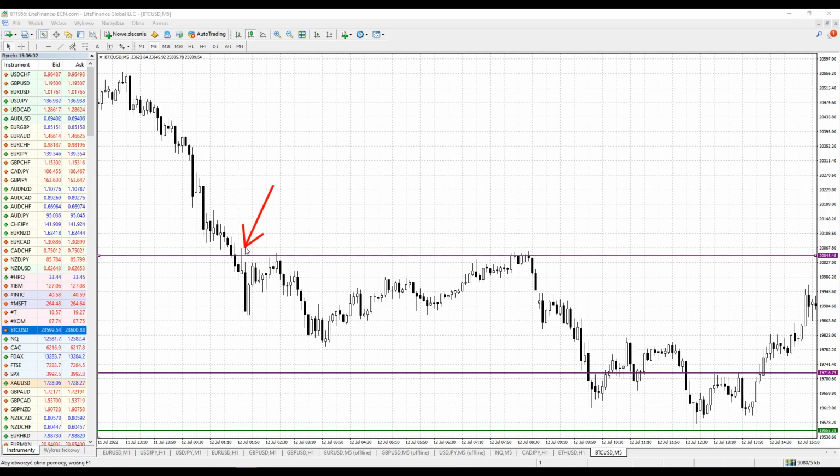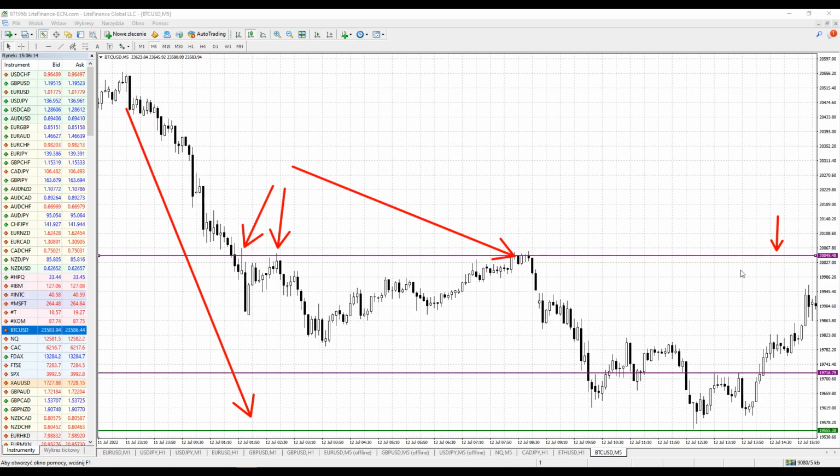So that was the intraday supply line. As you can see, quite a few times when it comes to Bitcoin, the overall trend was to the downside. So 20,050 was the psychological supply level.